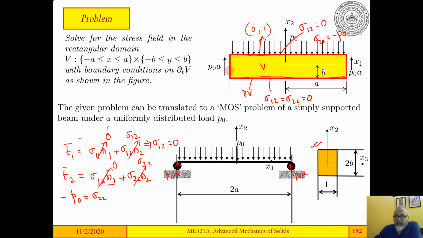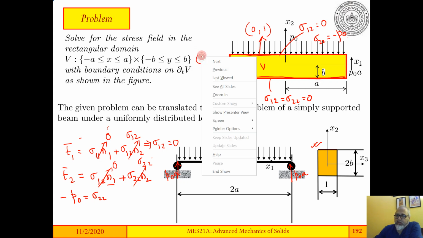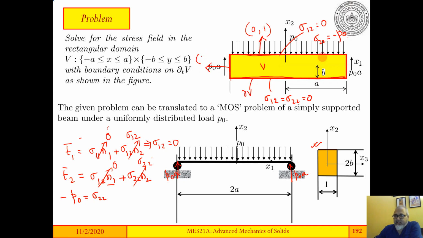What about this edge? On this, the normal is 1, 0. However, what is the traction T bar?